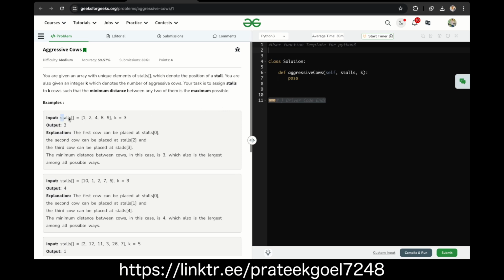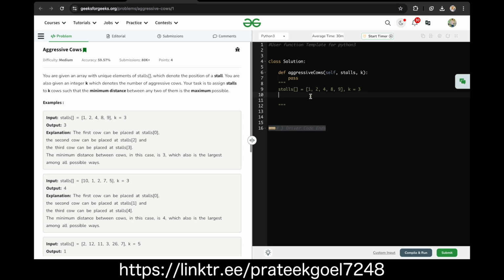Let's take this example. Here we are given k equals 3. That means we have to add 3 cows, and we can add cows in any of the stalls.